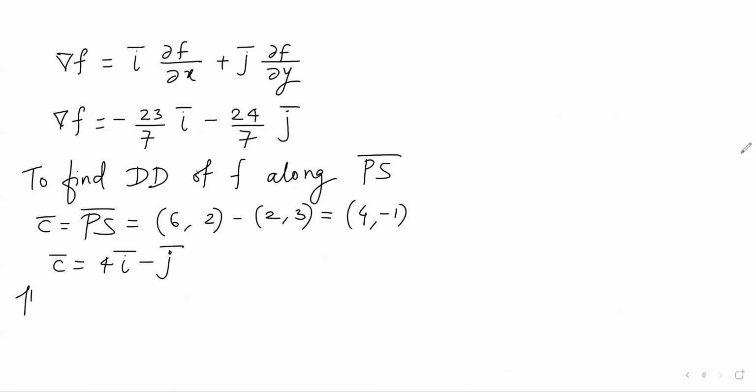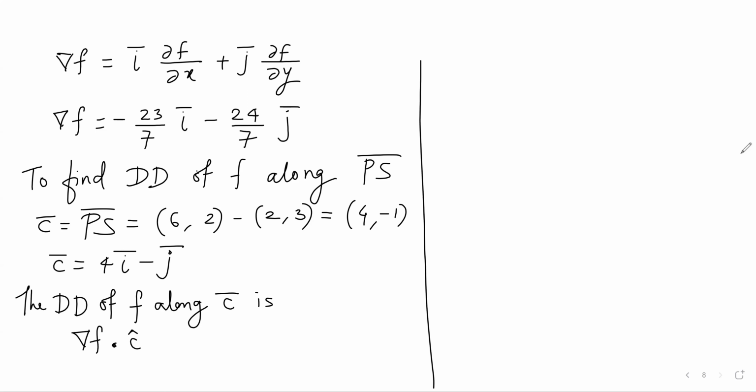So what is the directional derivative? The directional derivative of f along C bar is del f dot C cap, correct? So del f is known now. It is minus 23 by 7 times i bar minus 24 by 7 times j bar, dot. Take the magnitude of this.